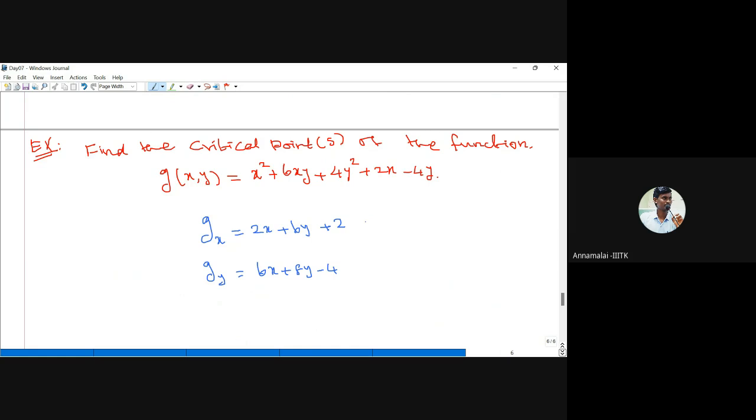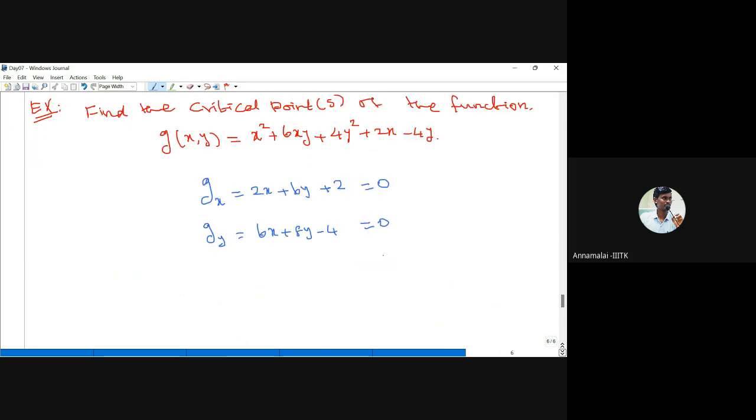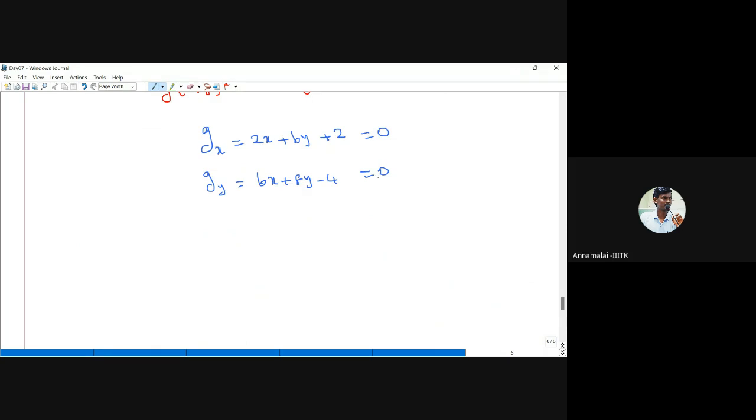Now you have to set this equal to 0 and this equal to 0. We get two equations in two unknowns. In the first equation we can cancel 2, so x + 3y = −1. From the second equation we can also cancel 2, so we get 3x + 4y = 2. Now solve for x and y.